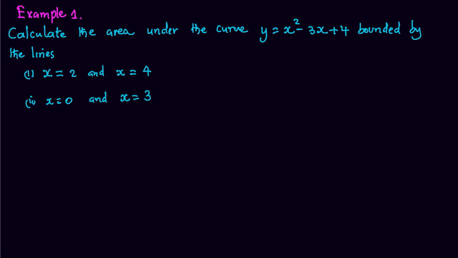Calculate the area under the curve y is equal to x squared minus 3x plus 4, bounded by the lines x is equal to 2 and x is equal to 4. So we can sketch our curve.